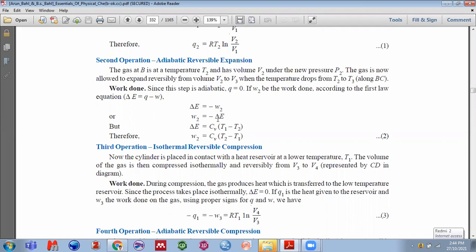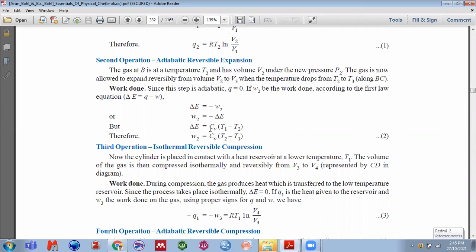So W2 equal to minus delta E. We know for adiabatic reversible expansion, delta E equal to CV dT, temperature change from T2 to T1, that is minus CV, T2 minus T1.